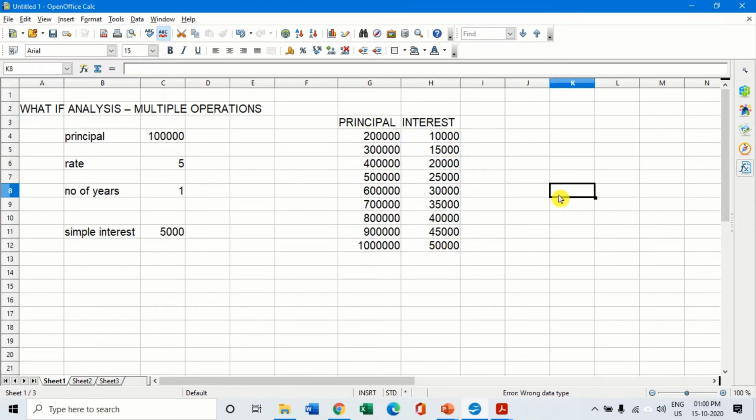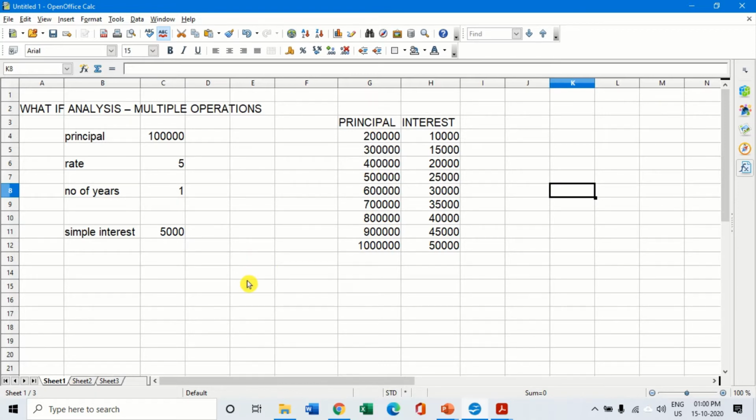Now here you will realize that it is already calculated. So for 2 lakh rupees at 5% interest, it is 10,000, 15,000, 20,000, like this. It calculates the entire value based on this particular interest rate. So this is called a multiple operation, that is, in column input.